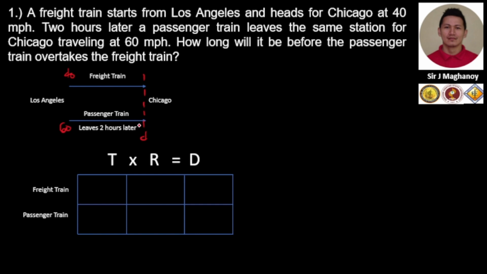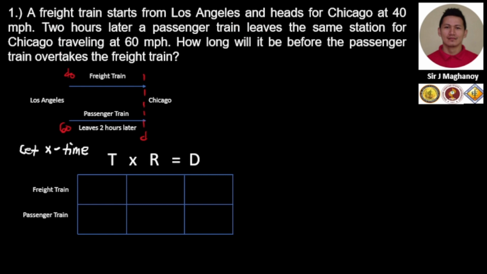Now, how can we formulate our equation based on the visualization of the moving objects? So for the fill out, we let x be our time. Based on our statement, 2 hours later the passenger train leaves the same station.